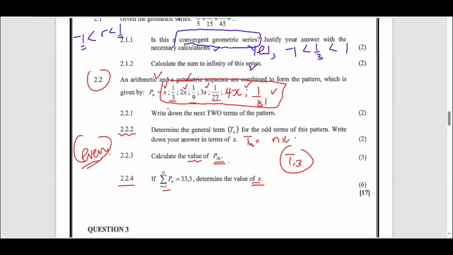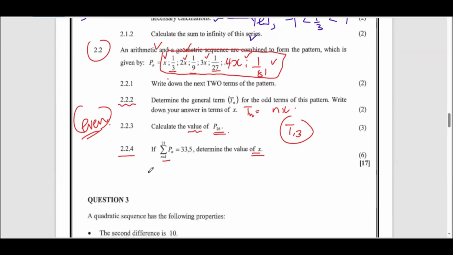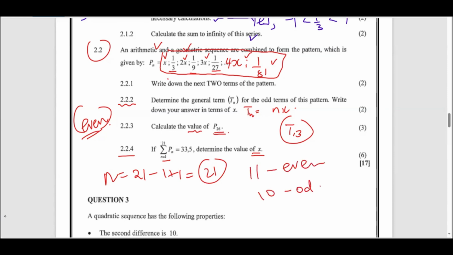Since we have a combination of patterns, we first need to know how many terms we are going to have on the even side and how many on the odd side. The number of terms is 21 minus 1 plus 1, which means 21 terms. If there are 21 terms, 11 of them are going to be even, and 10 of them are going to be odd.